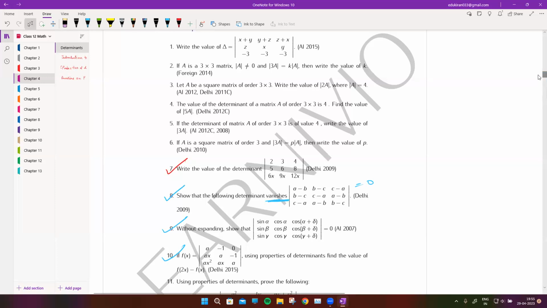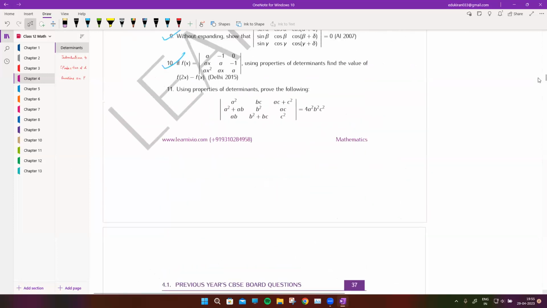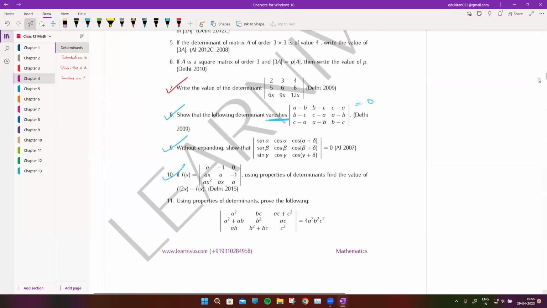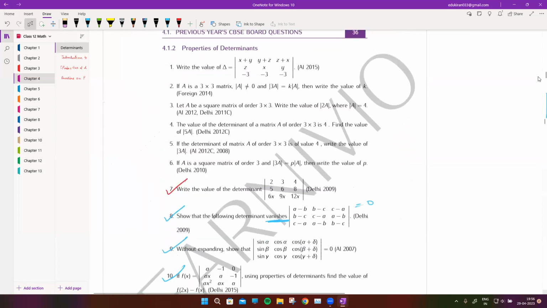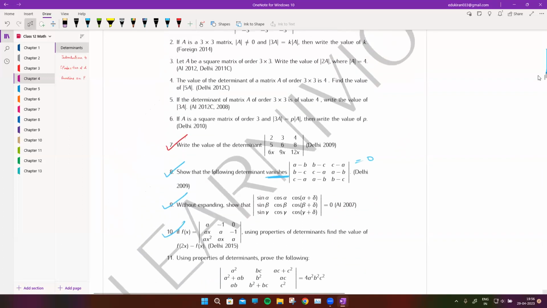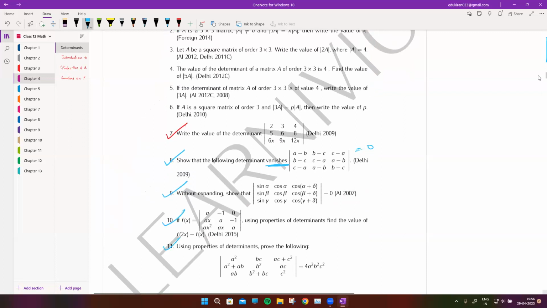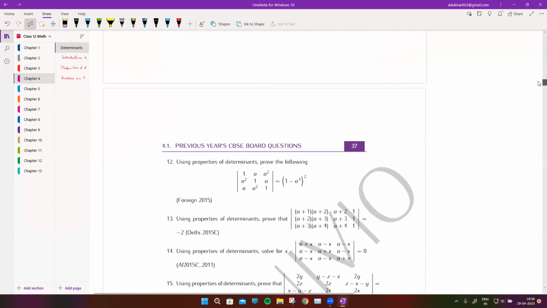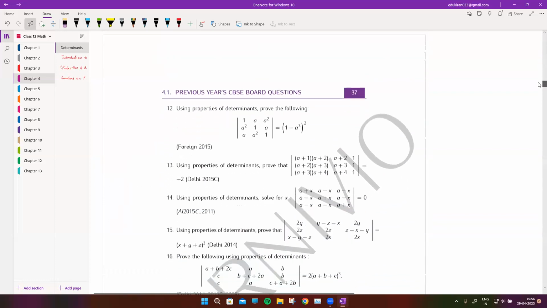Okay, so these are questions 7, 8, 9. Then this is from 4.1.2, page number 36. 7, 8, 9, 10. In fact, 8, 9, 10, 11. I'm trying to find just some easy questions as well.